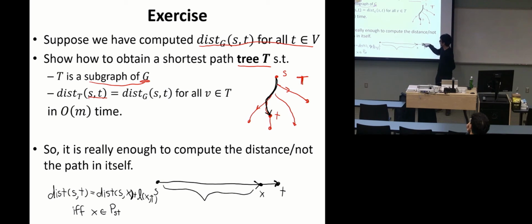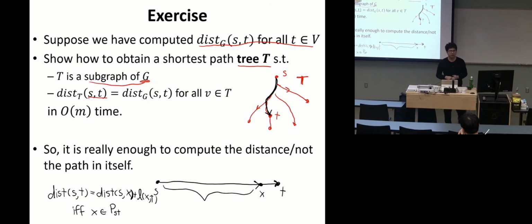I can just scan through all incoming edges of T and check if this thing is the same as this thing. You see? Just loop through all the incoming edges to T and compute whether this condition holds. And if that is the case, then you know that this is going to be my previous node in the path from S to T.